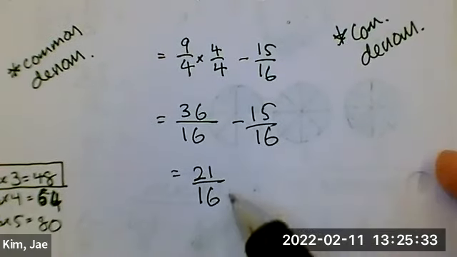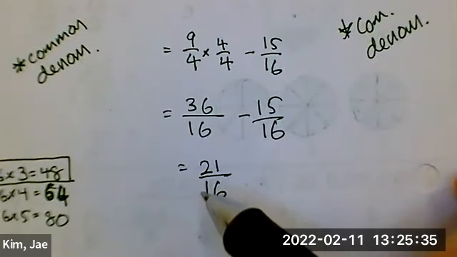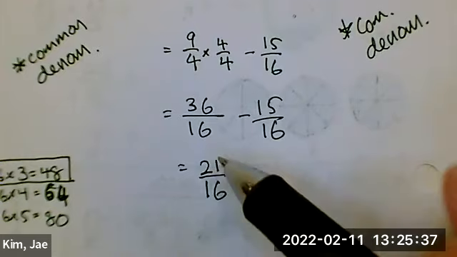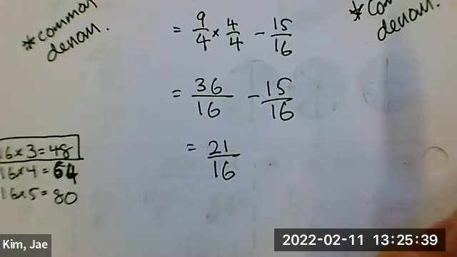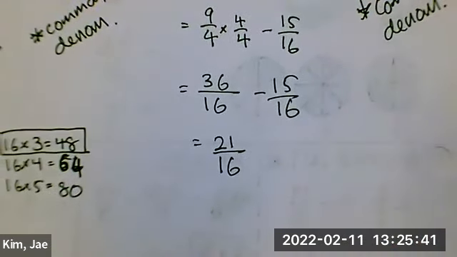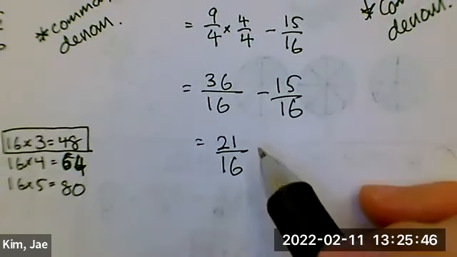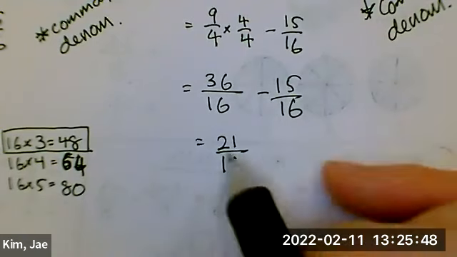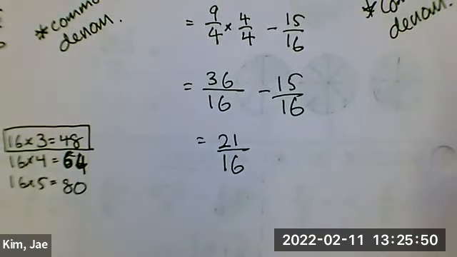And I would be finished with my question, but it did ask for mixed fractions. So 16 times 1 is 16. Anything larger than that goes way above 21.